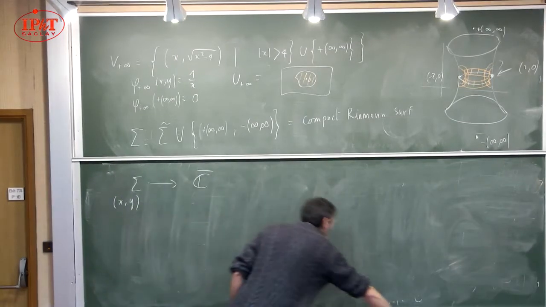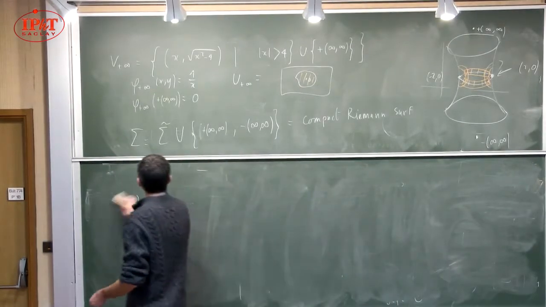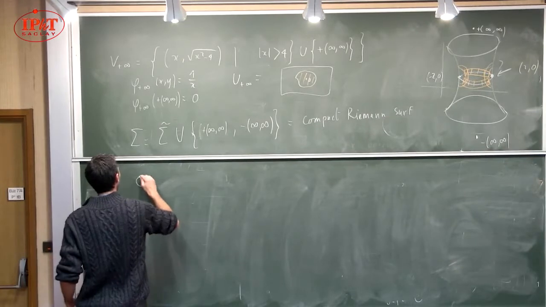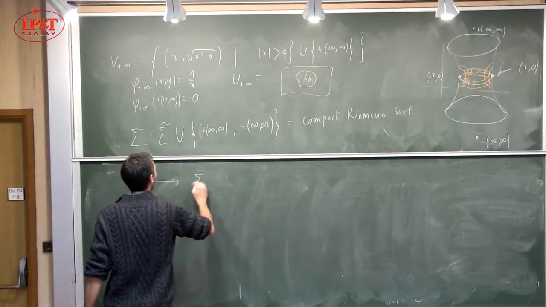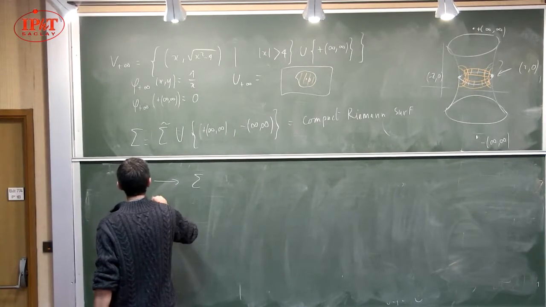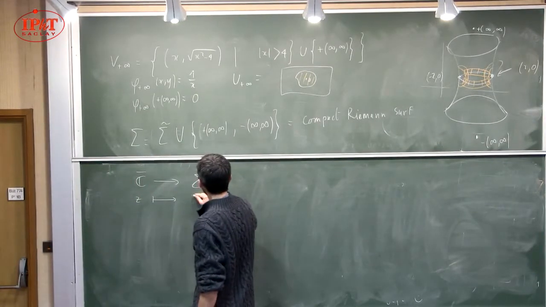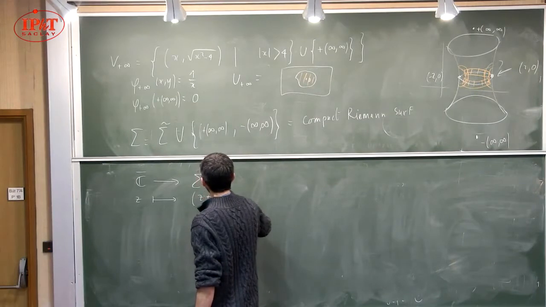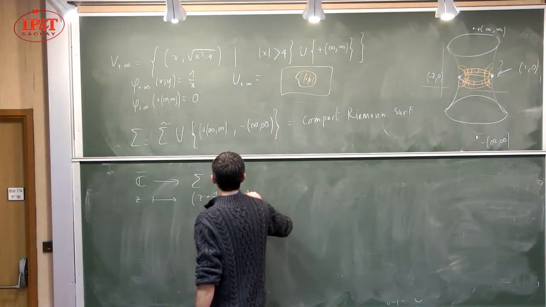Sorry, let me do it the other way around. There is a map from C bar to my sigma, where you send the point z here to the pair (z plus 1 over z, z minus 1 over z).